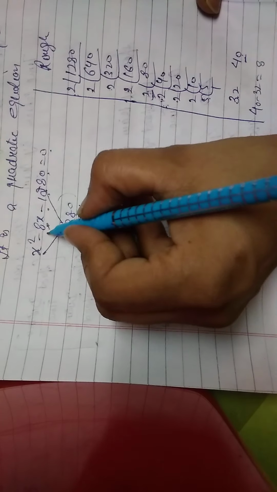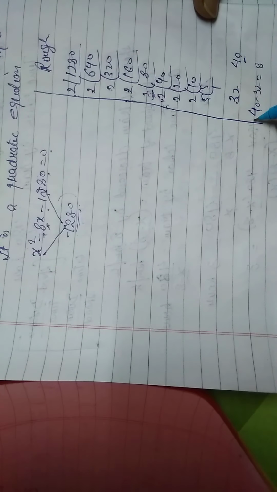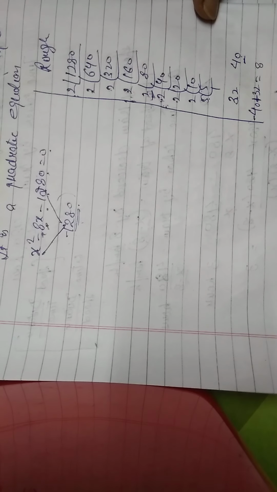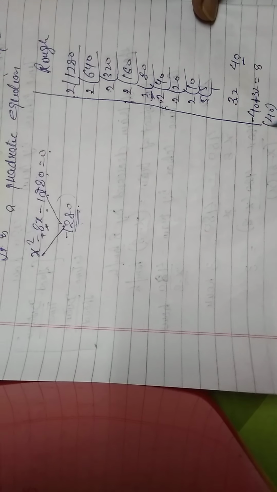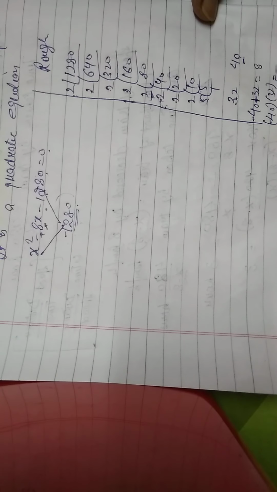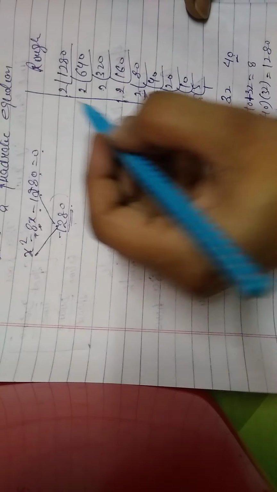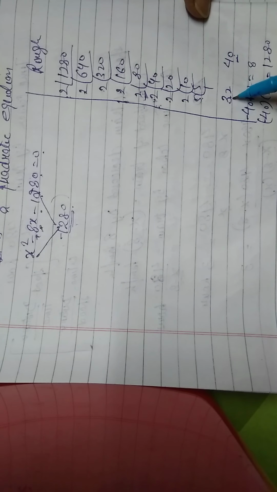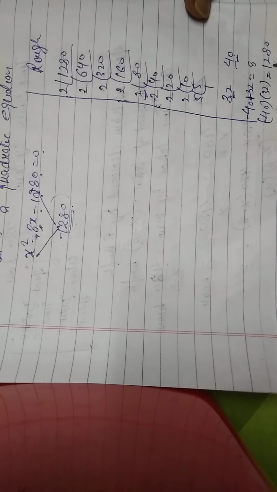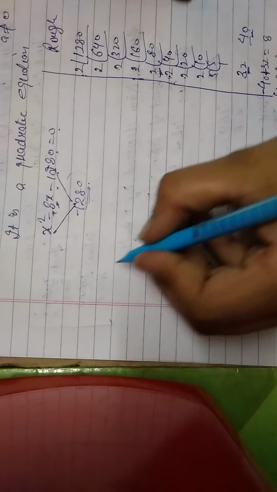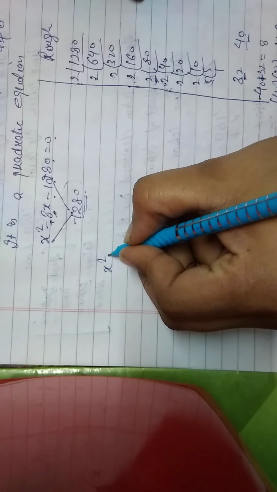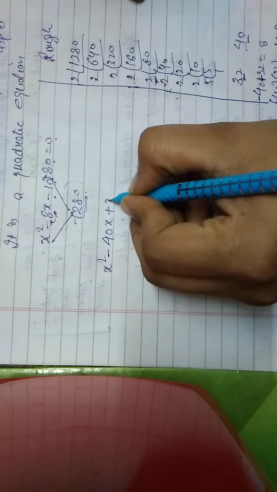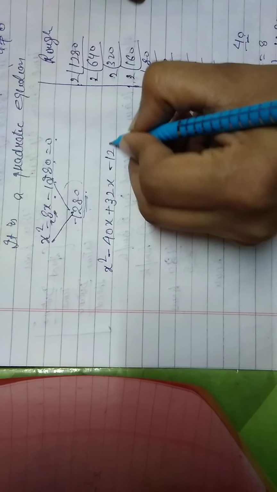But we want minus 8, so we have to put minus with the bigger number and plus with the smaller number. The product of both numbers is also 1280, because we have arranged all these factors into two numbers, 32 and 40, so their product is 1280. Now write these numbers in place of 8x: x square minus 40x plus 32x minus 1280 equal to 0.